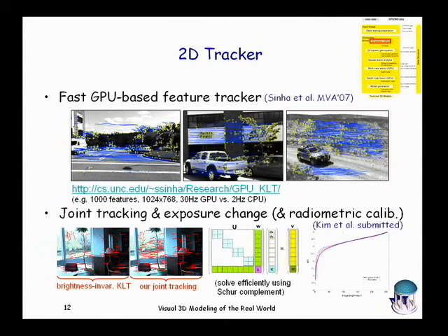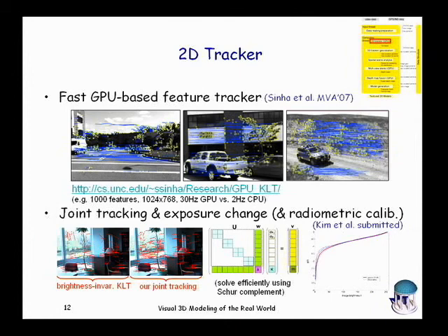Mostly, the feature tracking is still the same amount of work. It's a 2x2 matrix you invert to compute how the feature moves along. But at the same time, we actually also compute the exposure changes. And using the Schur complement, we can do that at basically no extra cost. We can estimate both the feature tracks and, at the same time, the global change of brightness in the imagery.